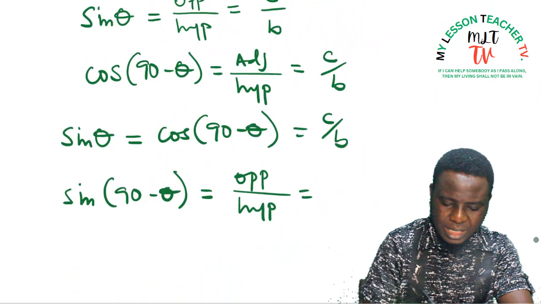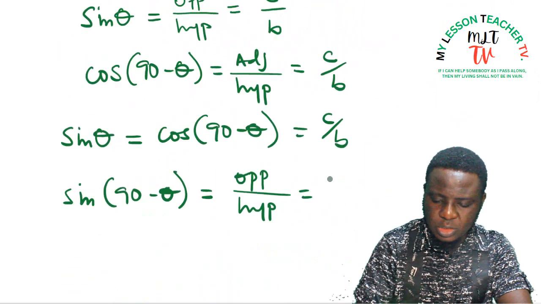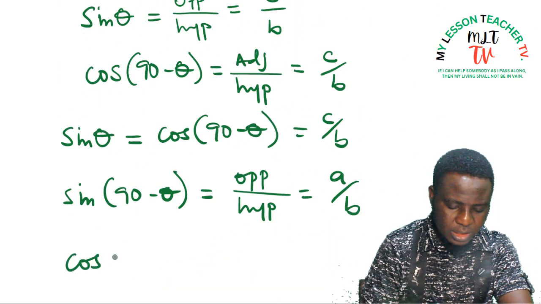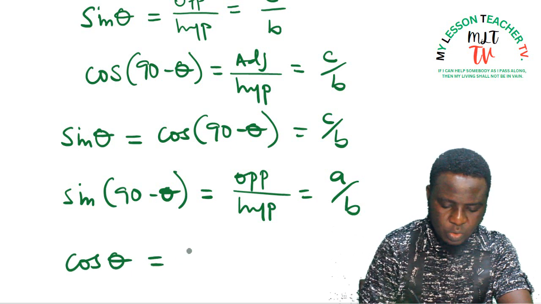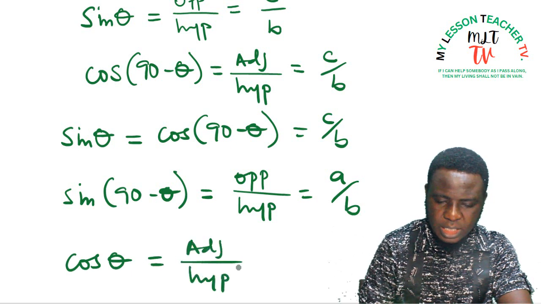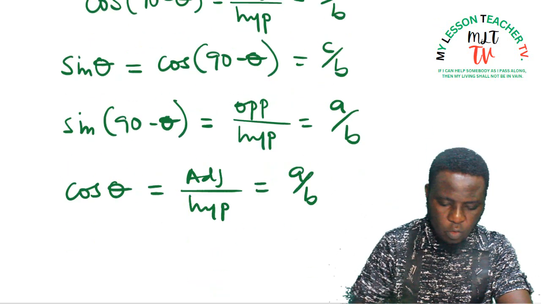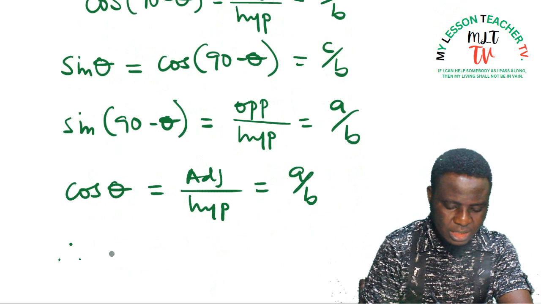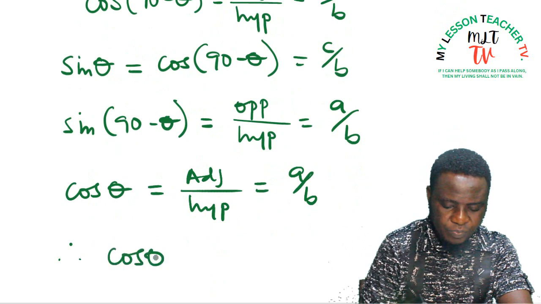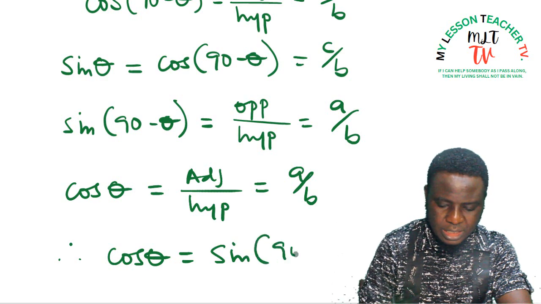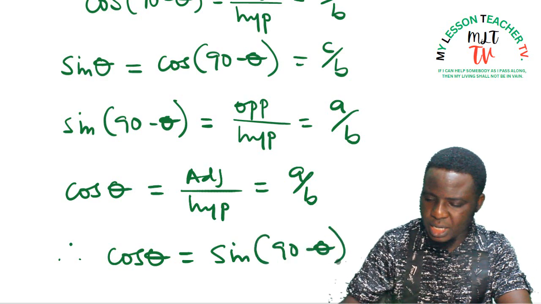Then sine 90 minus theta degrees is equal to A over B. And cos theta, which is the ratio of the adjacent side to the hypotenuse side, is equal to A over B. So therefore, we can also establish that cos theta is equal to sine 90 minus theta.